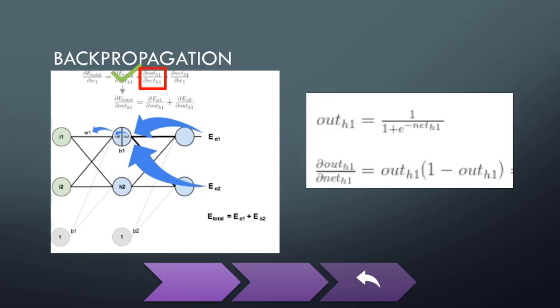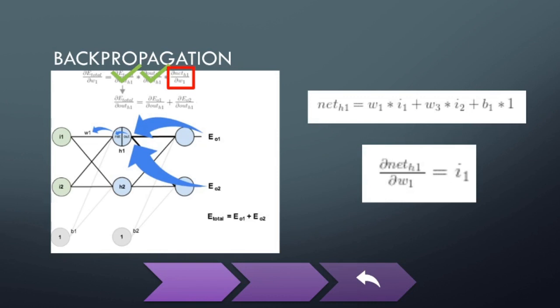If we now look at the partial derivative of out H1 over the net H1, we get a similar looking partial derivative to what we had before. If we use a different activation function here for this particular neuron, we will have a different formula over here. This is directly obtained, and we have another part done.